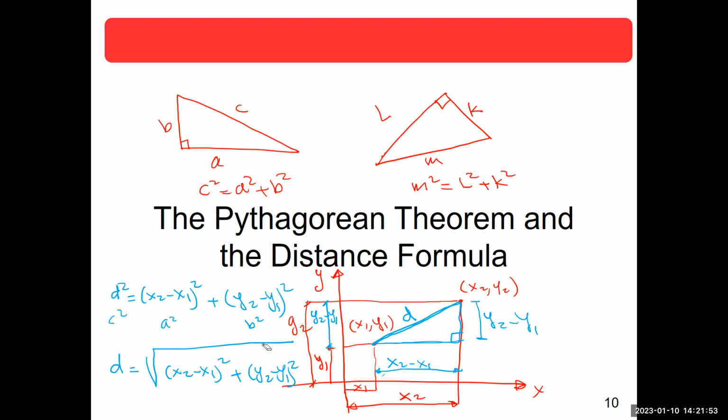That's our first formula in pre-calculus. This distance formula.